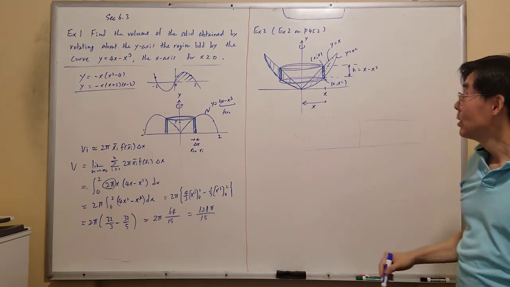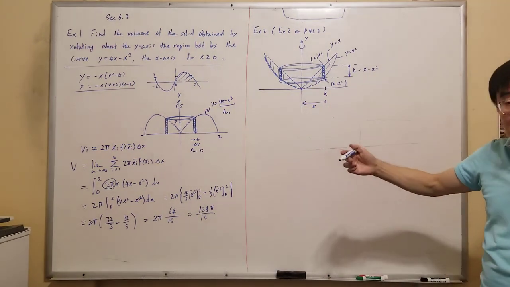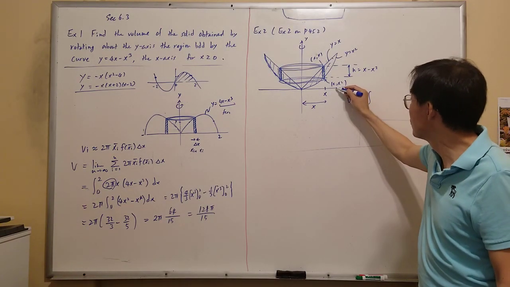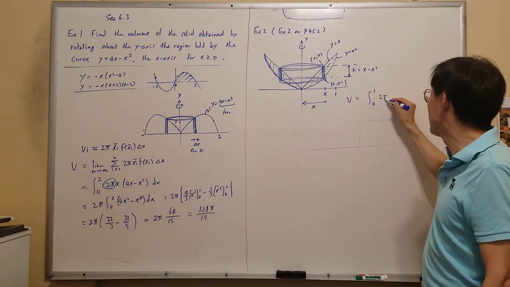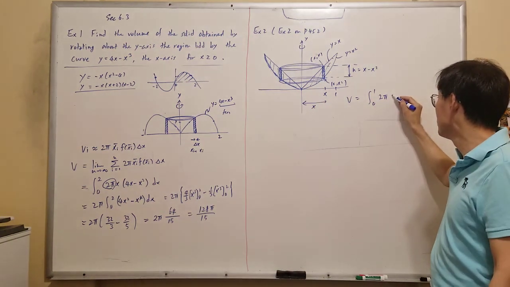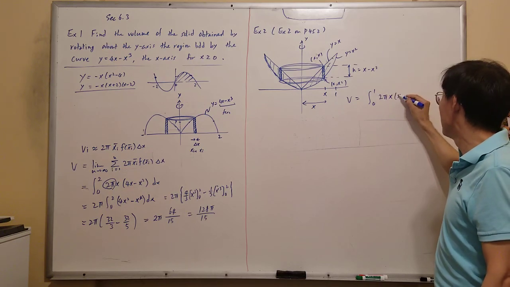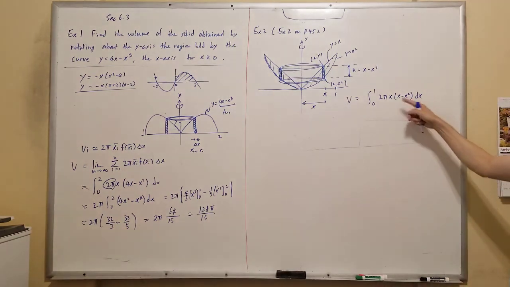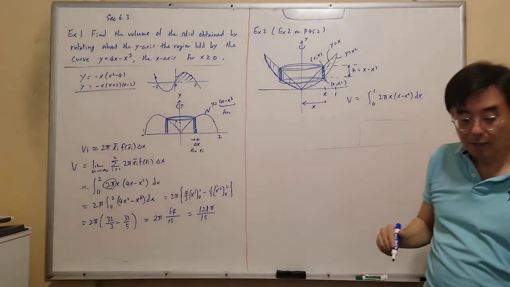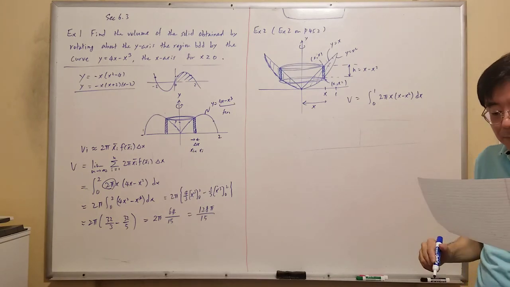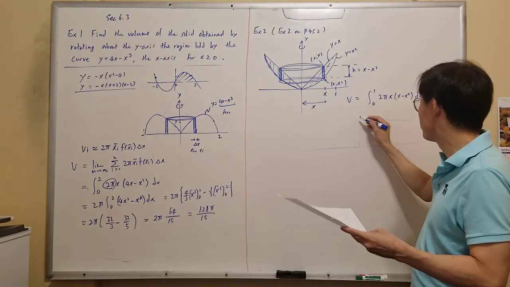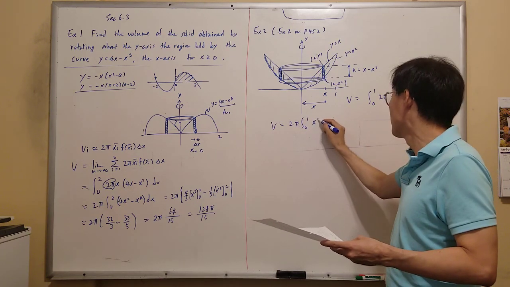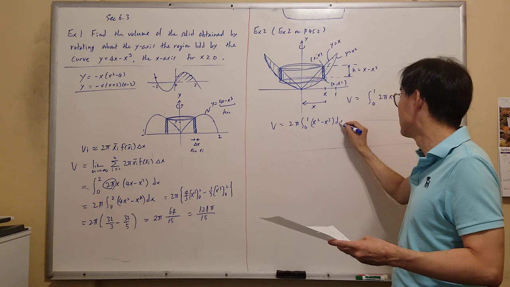Okay, so we are adding this up, take the limit, that means integral. X runs from 0 to 1. 2 pi radius, in this case the function of x will be x. Height, x minus x squared. Your width, delta x, becomes dx. When you take the limit, it becomes an integral, right? So your V is 2 pi from 0 to 1, x squared minus x cubed dx.